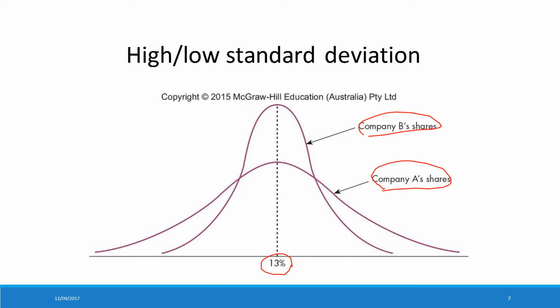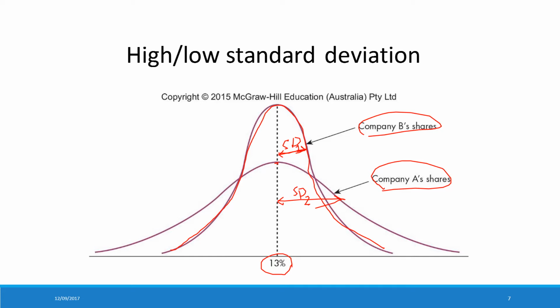Looking at the distribution, we can tell that for company B, this distribution over here, the deviation of the actual return from the mean is smaller than the deviation of the return from the mean for company A, right? So this standard deviation here is smaller than the standard deviation of company A's distribution.